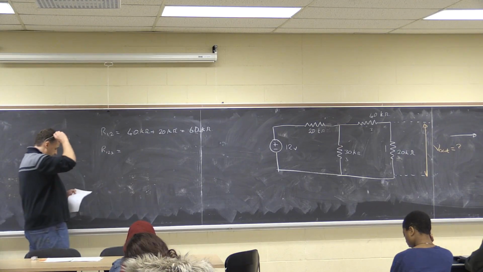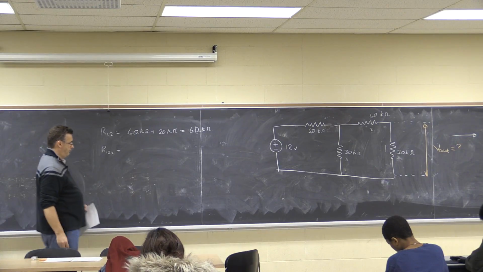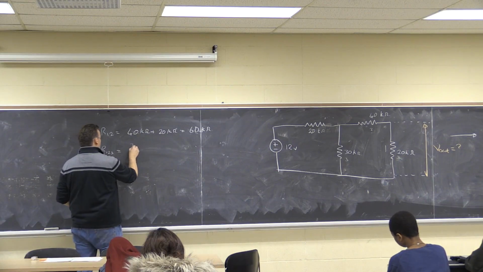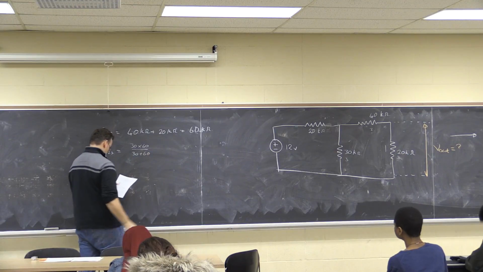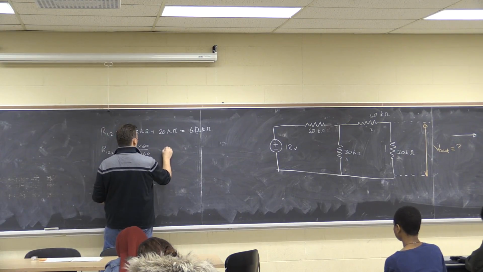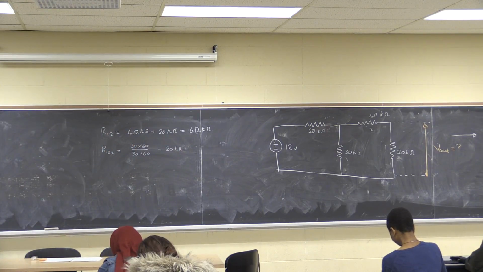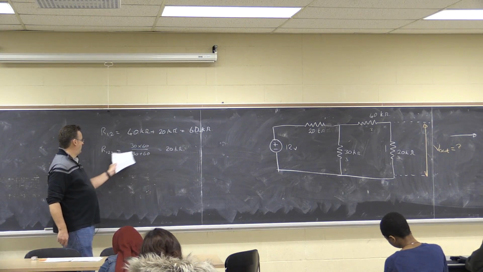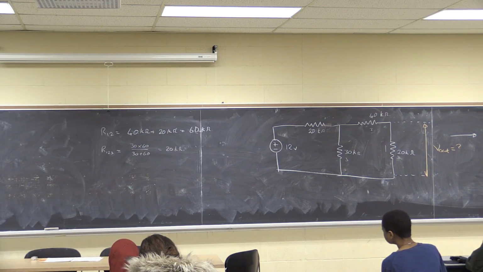So I've got 30 and I've got 60, so that's going to be 30 times 60 over 30 plus 60. I think equals 20 kilo ohms. Well, it looks like 180 over 90, so 20, yeah.